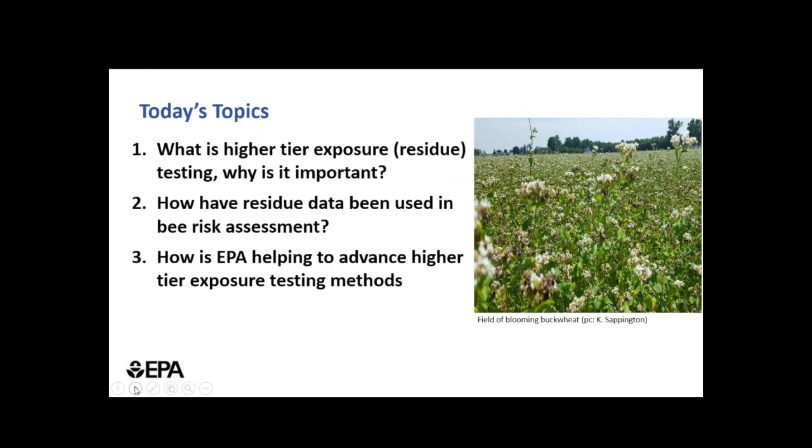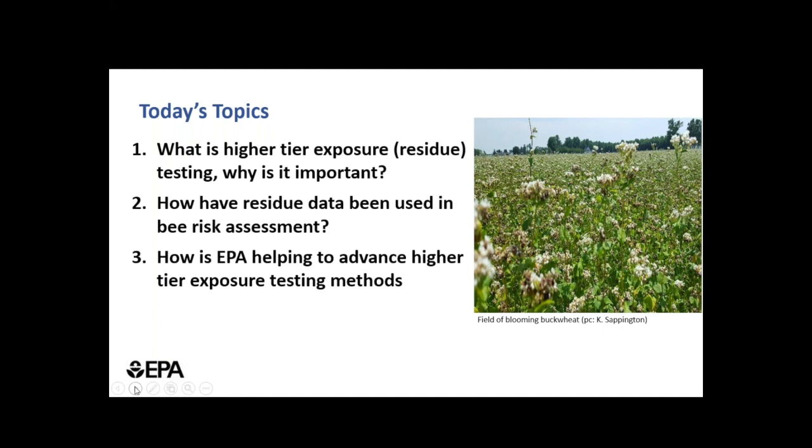For today's topics, I'll first describe the nature of higher tier exposure studies and their role in EPA's risk assessment process. Then I'm going to show some examples of how these data have been used in bee risk assessments. In addition, I'll provide some lessons learned that we gain from analysis of a large body of residue data for pollen and nectar.